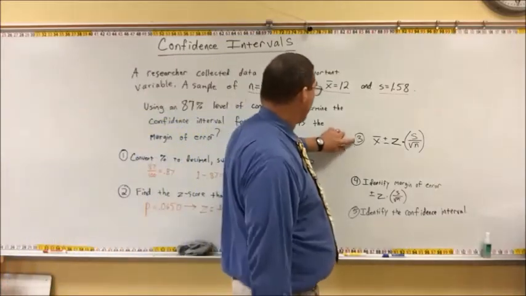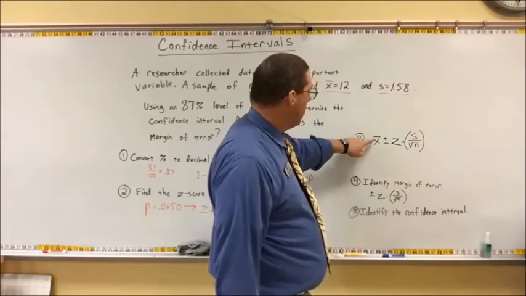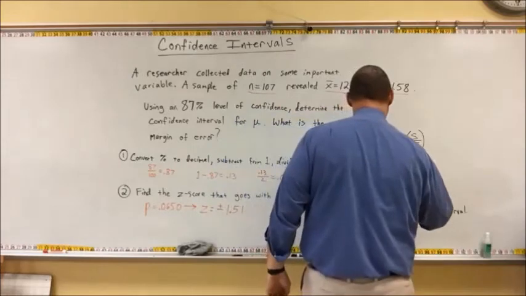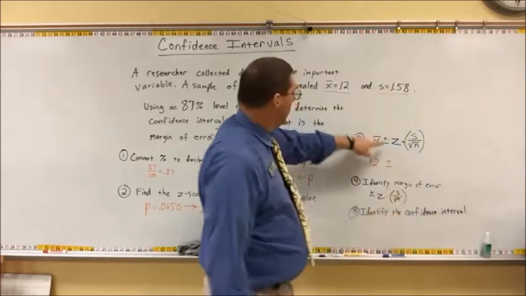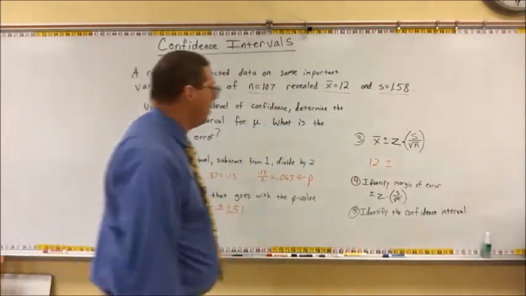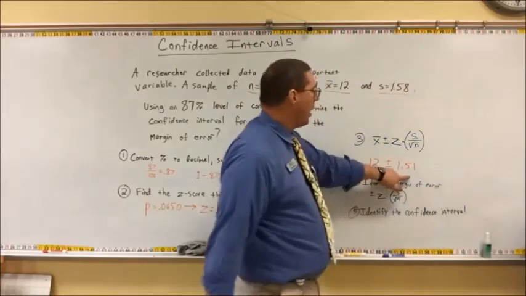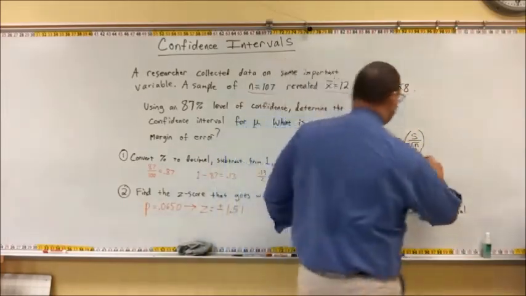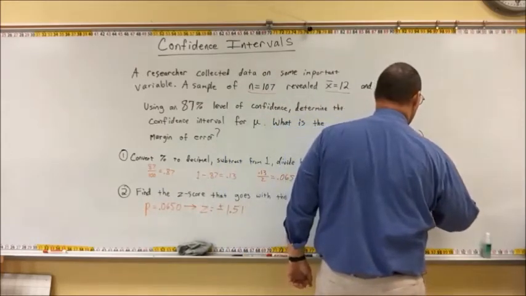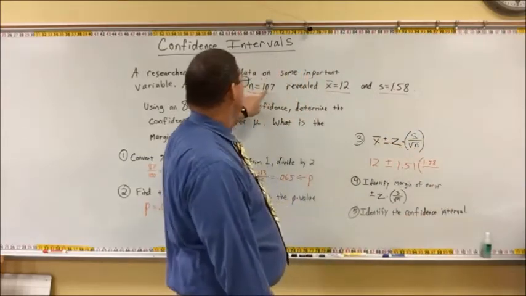So we're going to go to step 3 over here. In step 3, we're going to use our formula for the confidence interval. We're going to do x bar, that's the mean, 12, plus or minus the z-score, which is 1.51, times the standard deviation, which is 1.58, divided by the square root of n, square root of 107.